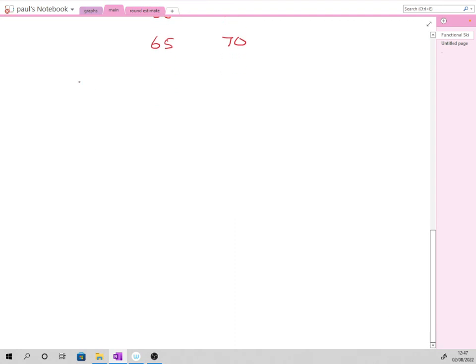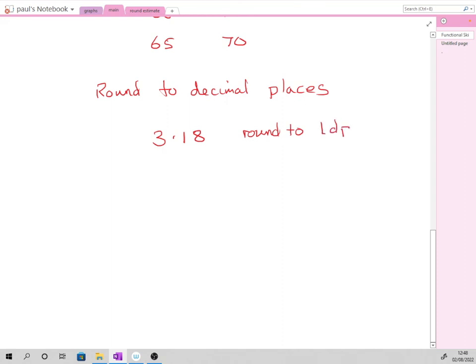You can also round to decimal places. Right, so 3.18. Now, let's take this one, and I'm going to round to 1 decimal place, just in case you see that as an abbreviation.